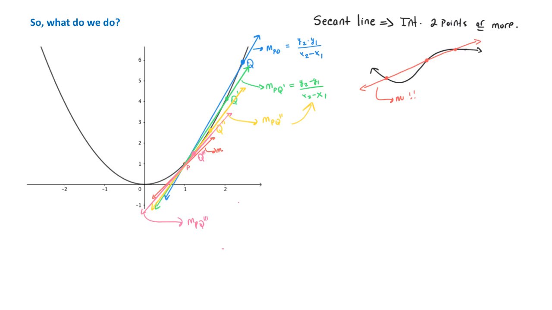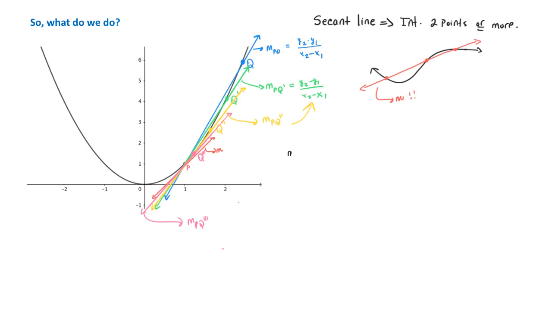So what we have done is the following. We chose a point on the graph Q, we drew the secant line, and we calculated the slope of that line. But because Q was pretty far away from P, we knew that the slope of that line was not going to be too close to the slope of the tangent line. But nonetheless, that was a start.